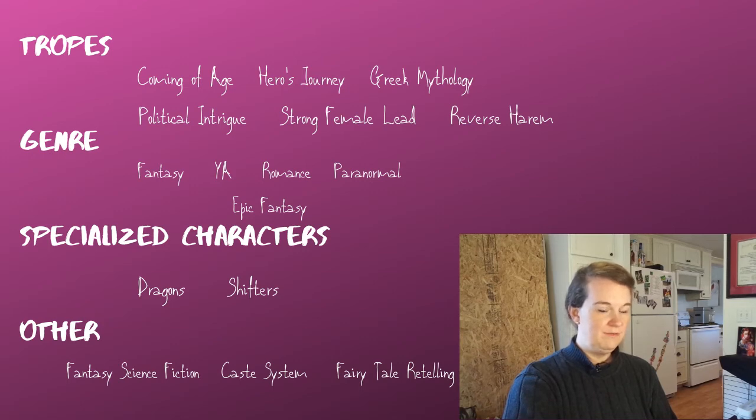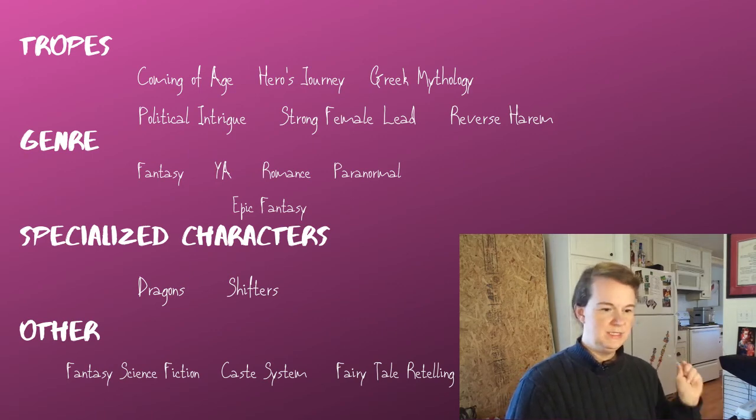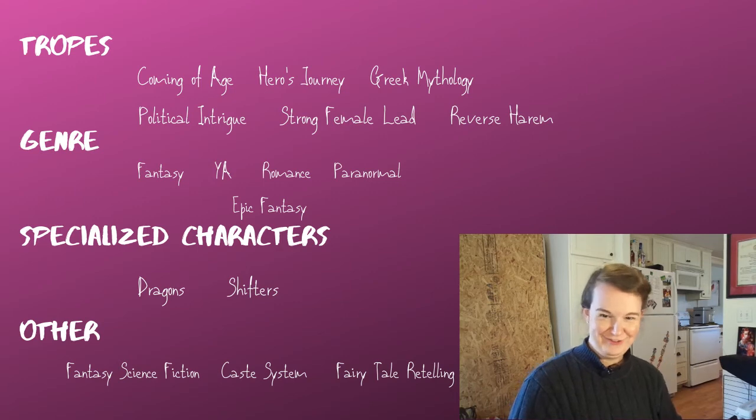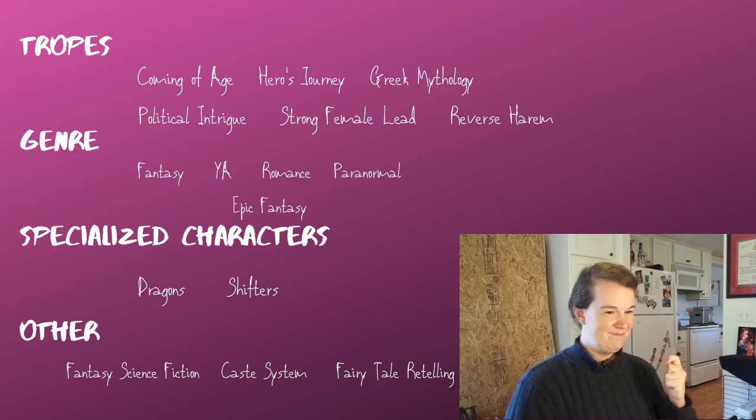I didn't have the space for it, and there were not enough people searching for it. And as I recall, anyone searching for a caste system was looking for more of a history book or a sociology book, not a young adult fantasy novel. So you really have to be ruthless about this.